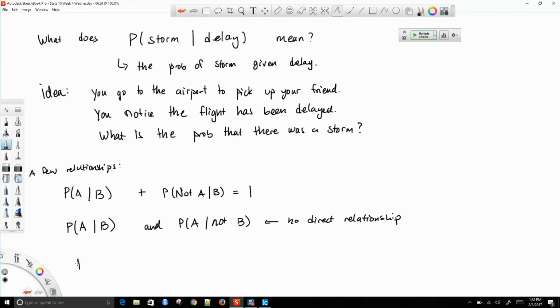Okay, and then the probability of A given B is not necessarily equal to probability of B given A. There is a relationship between these two things. The relationship is called Bayes' rule, but we will not cover it in our course, okay?